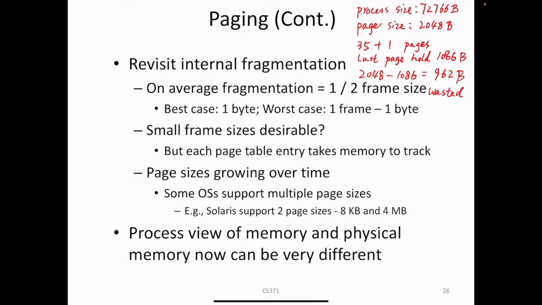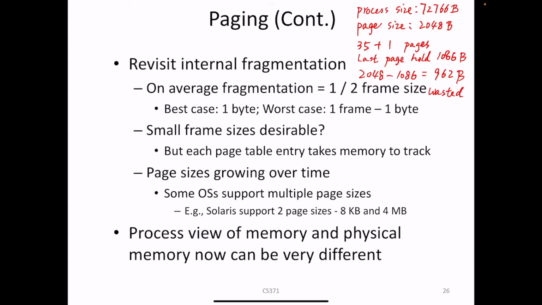So how can we decrease the memory wastage? Some researchers may say, can we just make the frame size as small as possible, since the average wasted memory for each process is half of the frame size? If we decrease the size of the frame, then we can shrink the wasted memory as well.